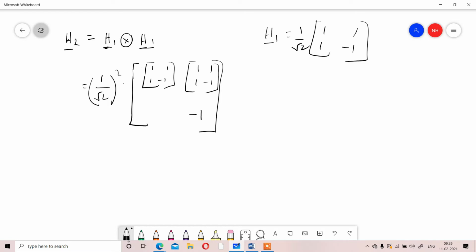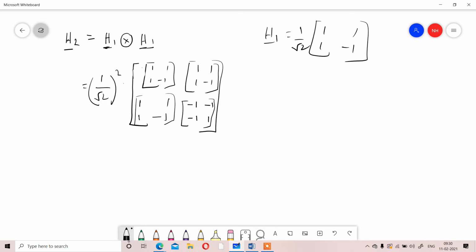Similarly, this part will be multiplied by 1, 1, 1, minus 1, and that part will also be 1, 1, 1, minus 1 multiplied, and as it is multiplied with minus 1, all the signs will change. So it will be minus 1, minus 1, minus 1, 1. So that will be your Kronecker product.